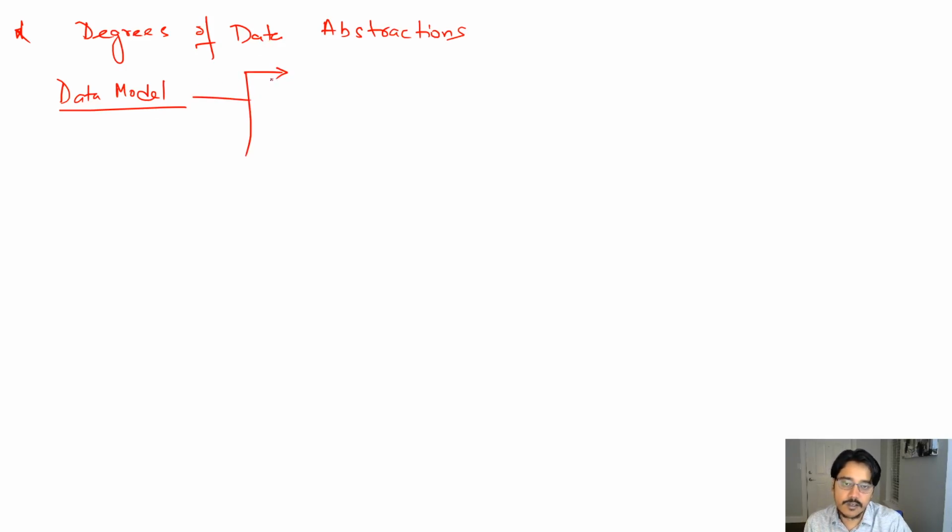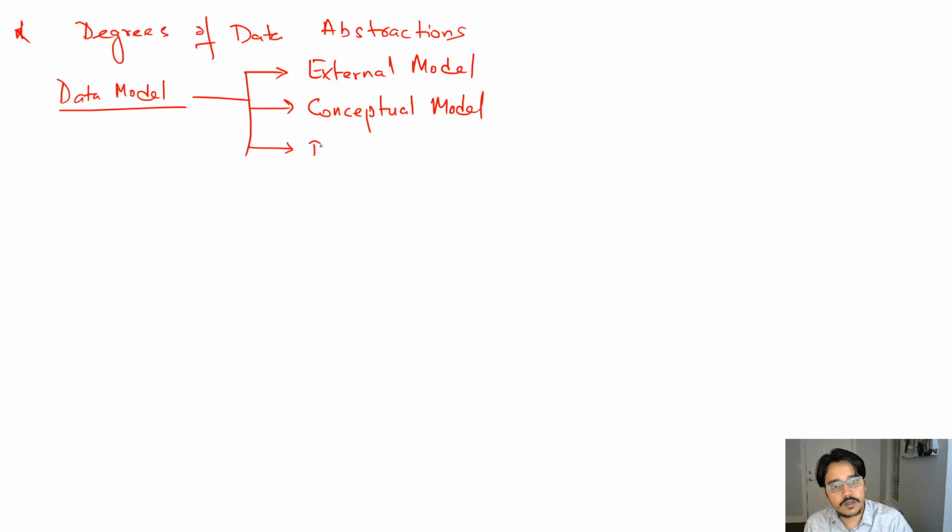Okay. So the first component is known as the external model. The second component is known as the conceptual model. The third component is known as the internal model. And the fourth component is known as the physical model.